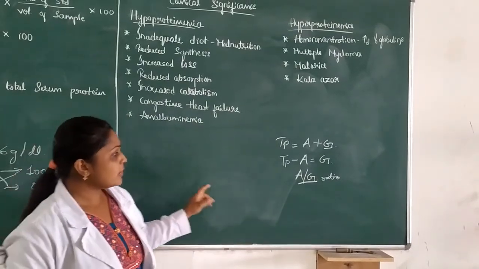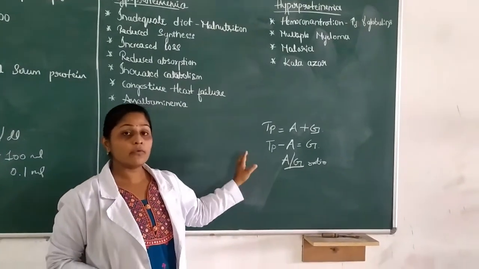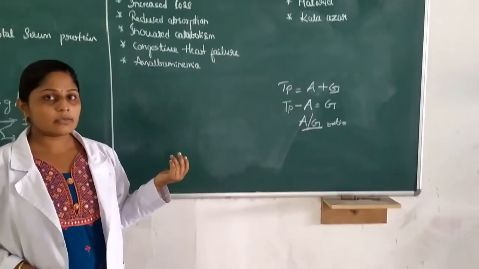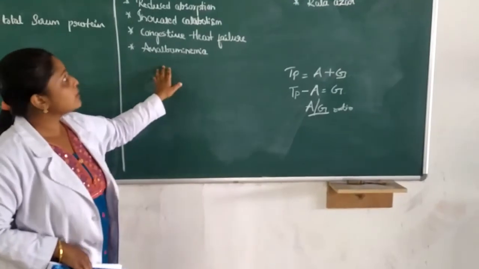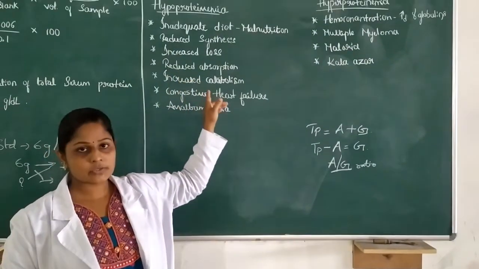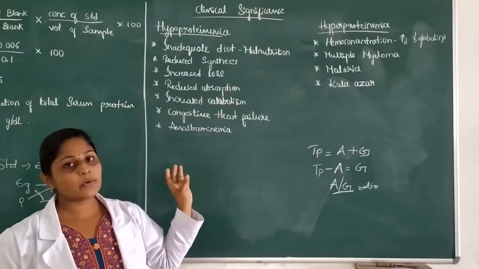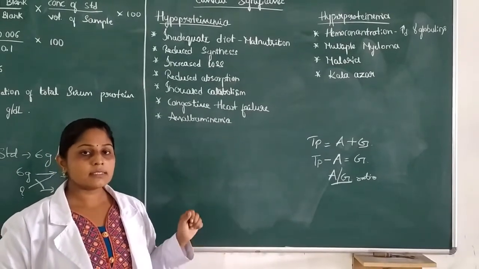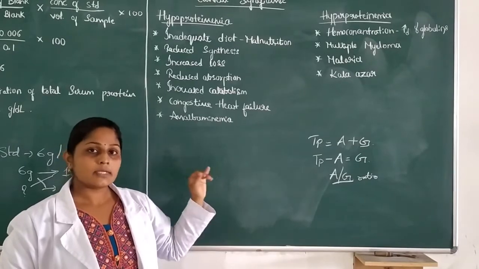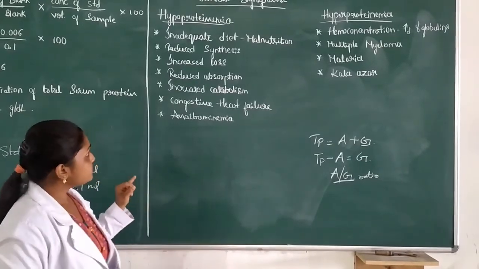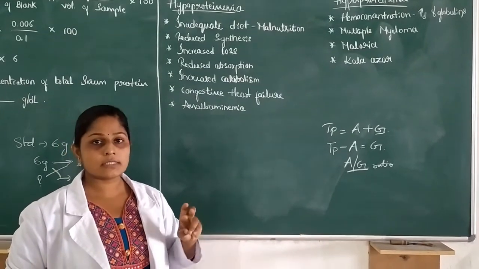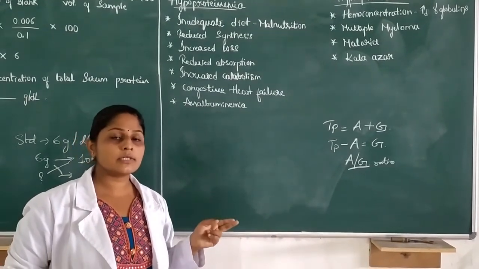I have told you how to calculate the AG ratio. Now we will see in what all conditions the AG ratio will be altered. One condition is kwashiorkor. In kwashiorkor, total protein will be decreased and albumin will be decreased. If albumin is less, that will affect the AG ratio, right? In nephrotic syndrome, where there is increased loss, the AG ratio is also altered.